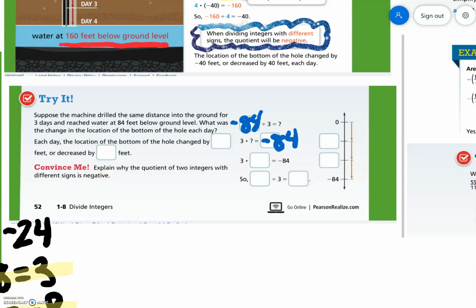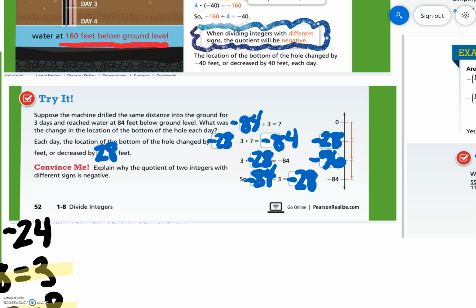So I'm going to get out my calculator and do negative 84 divided by 3, which gives me negative 28. So I know negative 28 times 3 is negative 84. So negative 84 divided by 3 equals negative 28. So I'm down 28 and down 56. So each day the location of the bottom of the hole changed by negative 28 feet, or decreased by 28 feet.